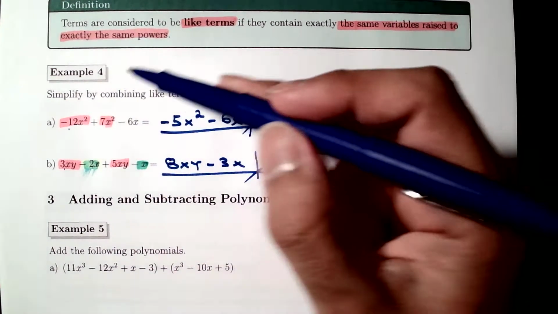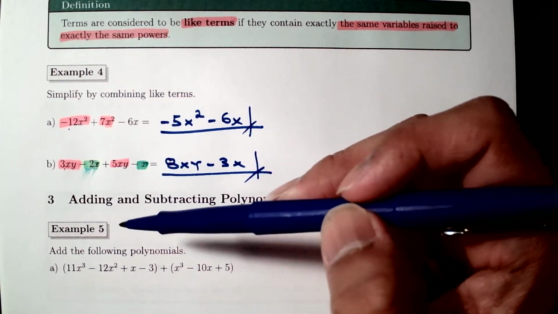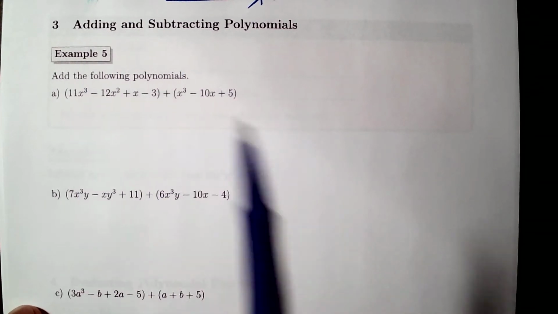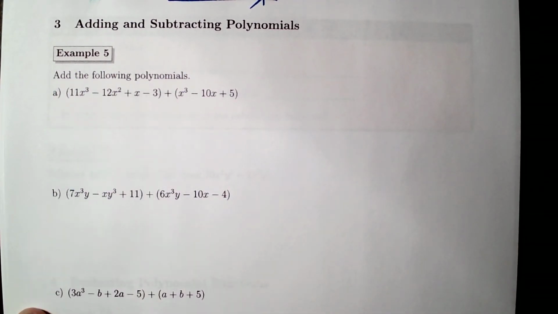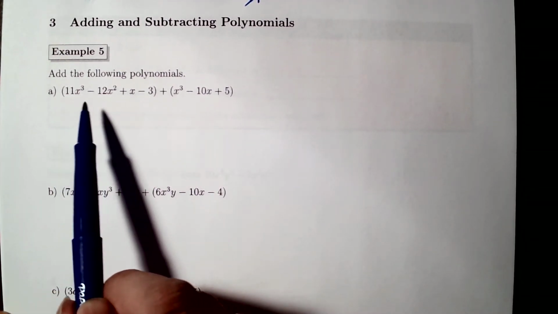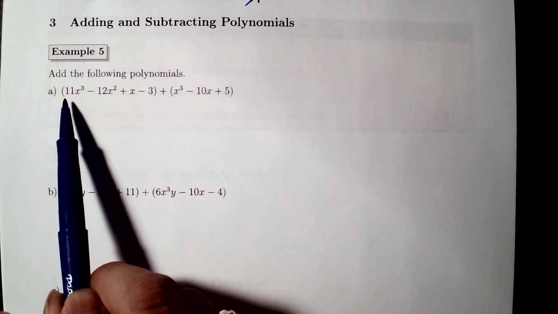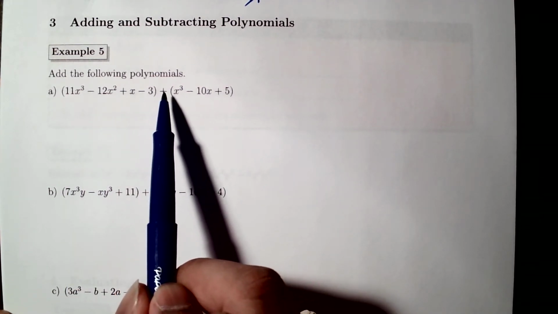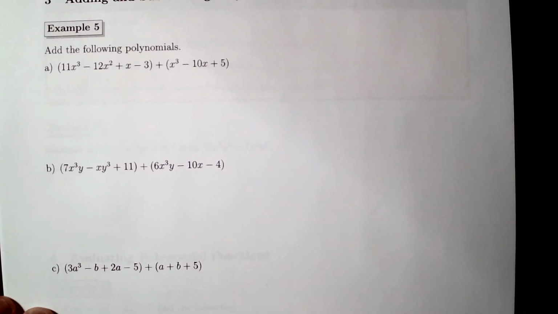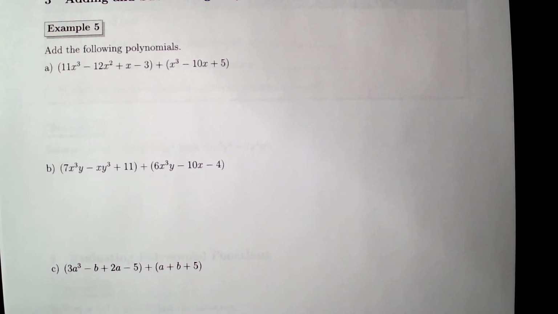Let's apply what we did with example 4 to examples like number 3 here, example 5. Add the following polynomials. Typically we will be given these examples like this, one polynomial in parentheses plus another, or incidentally they could be subtracting.